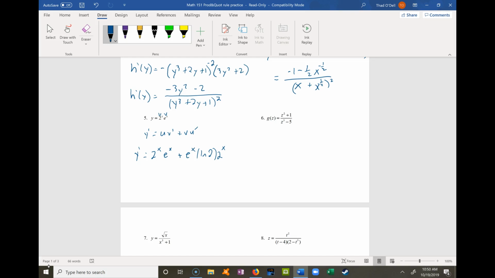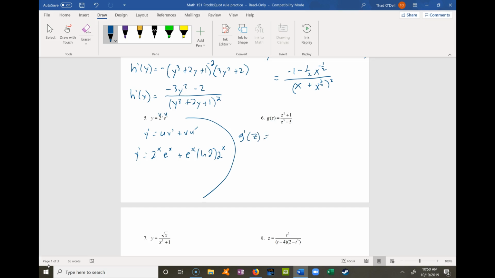All right. And number 6, this is kind of the first one where I'm forced to use the quotient rule. So we'll jump right into it. G prime of z.